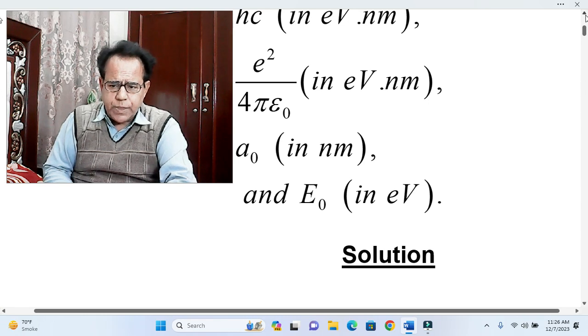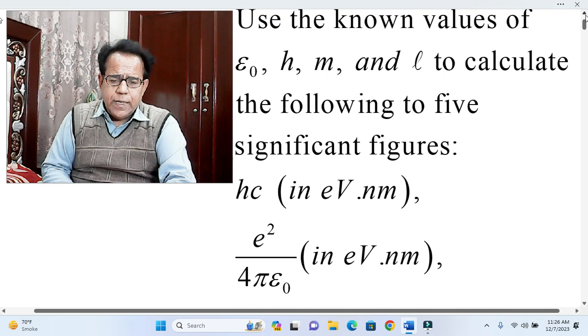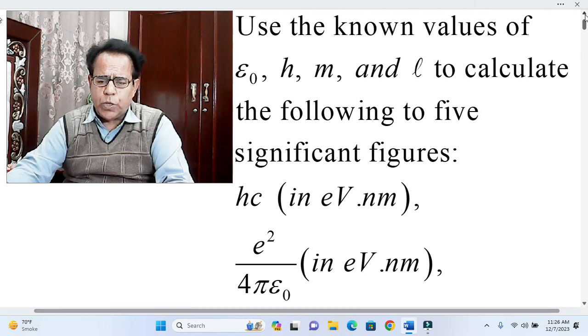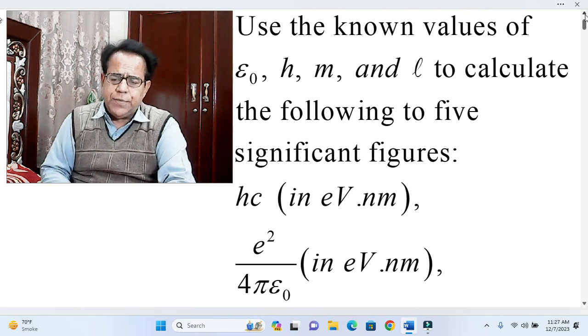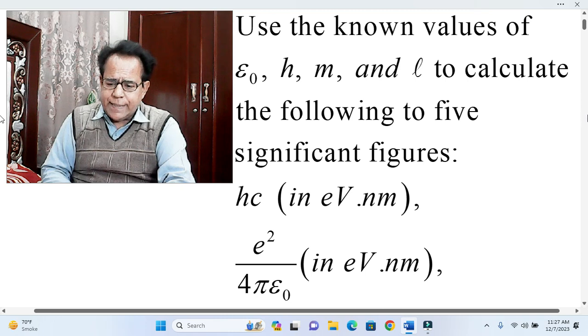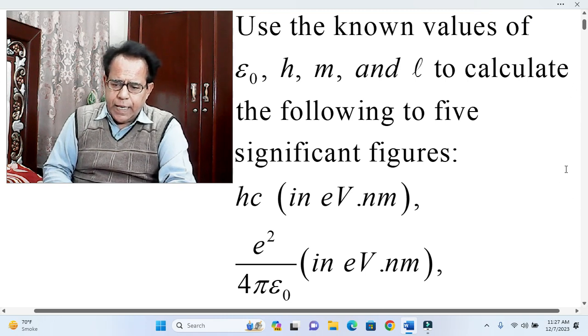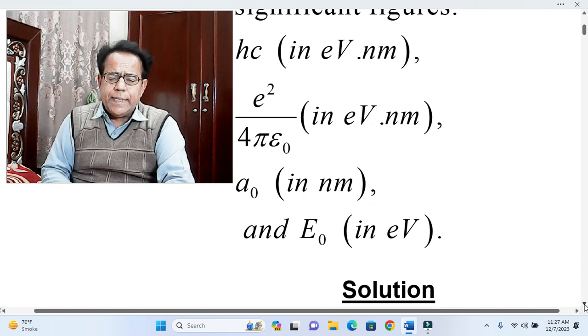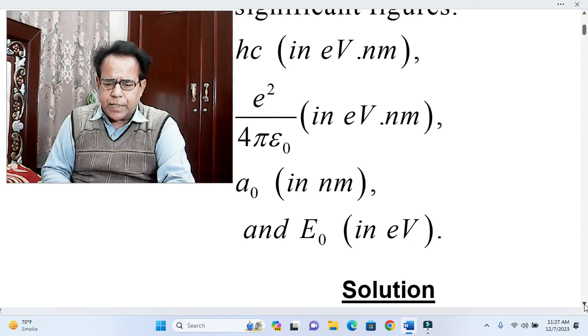Dear students, use the following values of epsilon naught, h, m, and c to calculate, to 5 significant figures: hc in electron volt nanometer, nano standing for 10 to the power minus 9; e square over 4 pi epsilon naught in electron volt nanometer, same as above; the Bohr radius a naught in nanometer; and E naught in electron volt.